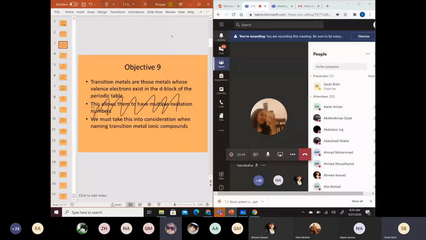You don't write oxidation number. I want you to say multiple charges. Oxidation numbers are what we're going to do next. So multiple charges. We must take this into consideration when naming transition metal ionic compounds.